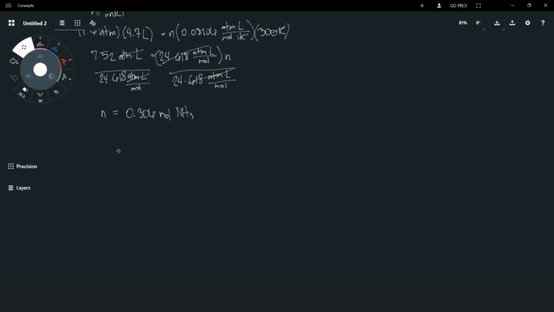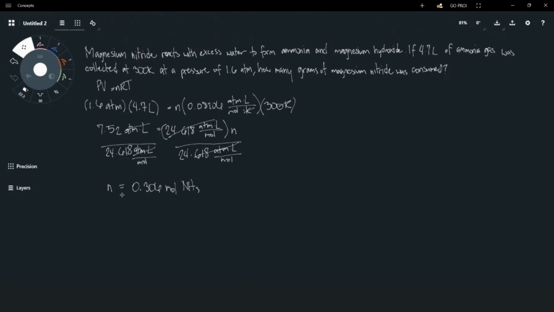Now that you have it in moles, we can once again use our balanced equation to convert our moles of ammonia gas into how many grams of magnesium nitride were consumed in the equation. Now that we have the number of moles for ammonia gas, we can use our gas stoichiometry to find the amount of magnesium nitride consumed in the reaction.